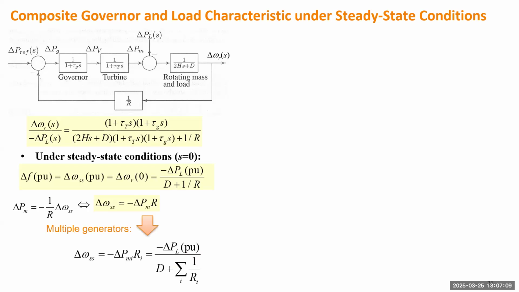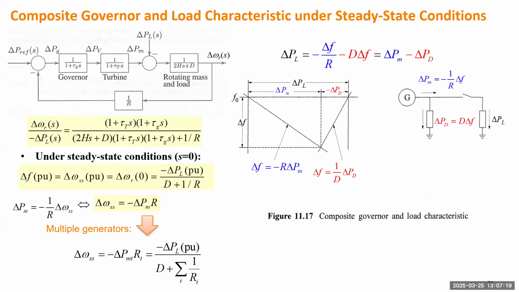Because the power change of the generator is based on this droop control, we can easily derive this formula talking about how the frequency changes with the load change. And we use this figure as an analogy to indicate what happens when you have a load change.